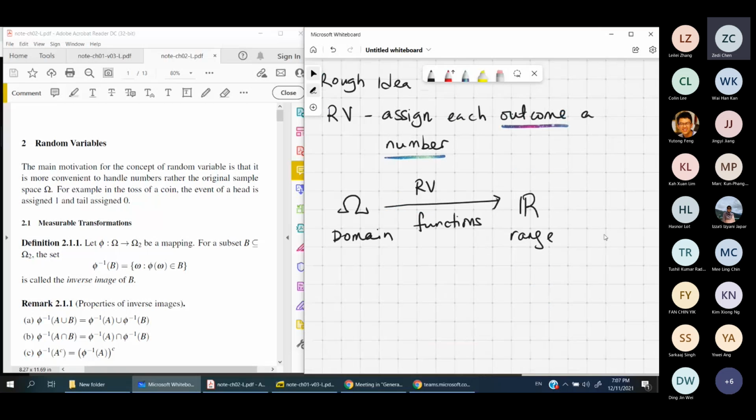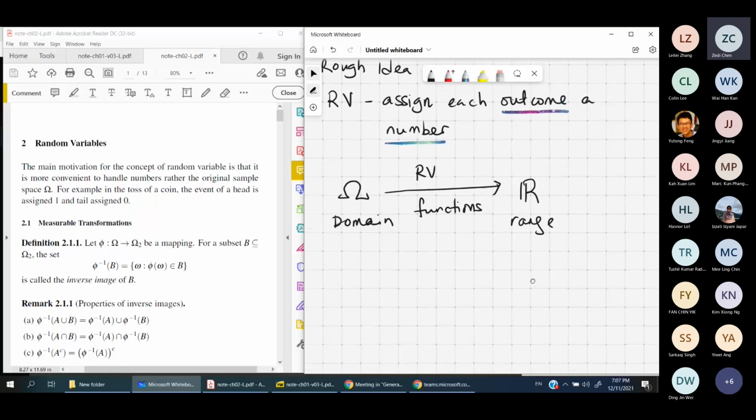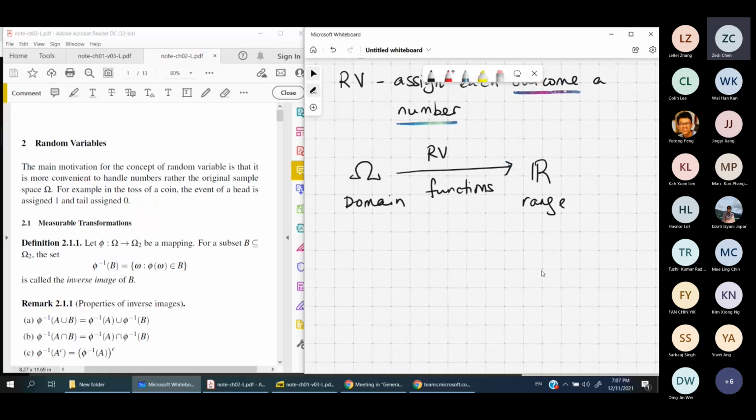Okay, why do we want to have the idea of a random variable? The reason is here. First of all, the omega, its elements might not be numbers.